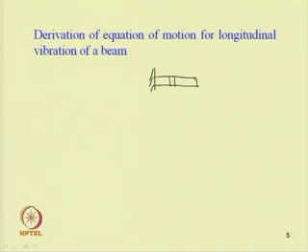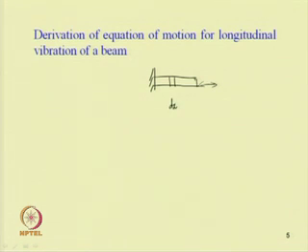So, let us consider a small element. The vibration takes place in the longitudinal direction, and let us take a small element at a distance x from the fixed end. This small element has length dx.